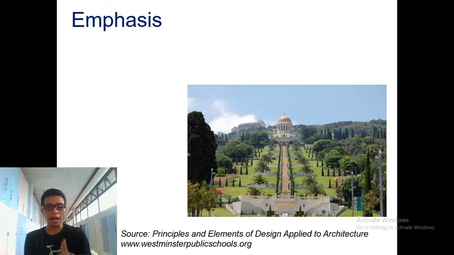Ano pa? Line. Yung street mo from the lowest portion ng area, no? May line. Yung street mo, it served as line. And it dragged your attention, the attention of the viewer from the standing point going to the area na located yung structure na to. So, it created emphasis. Ano pa?